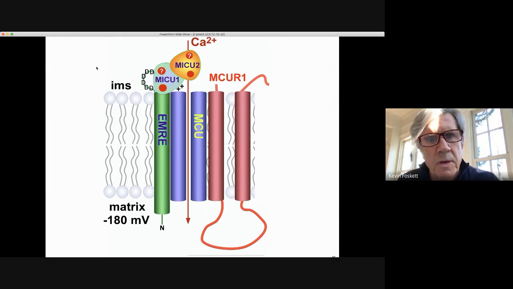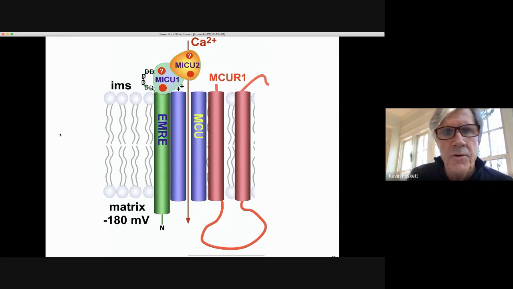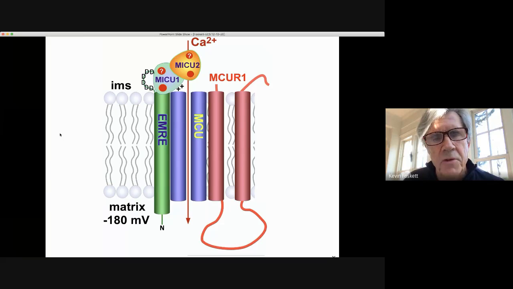In the absence of MICU2 or MICU3, MICU1 can also form a homodimer, and so depending upon the tissue and cell type, there could be MICU1 homodimers or, I think predominantly, MICU1-MICU2 heterodimers. They each contain two functional calcium-binding EF hands, so a total in the dimer of 4 calcium-binding EF hands.